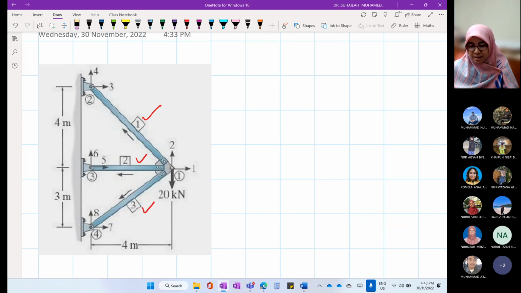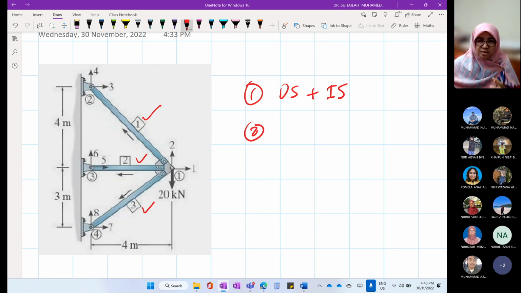But in stiffness method, advantage number one, we can use it to analyze both determinate and indeterminate structures.